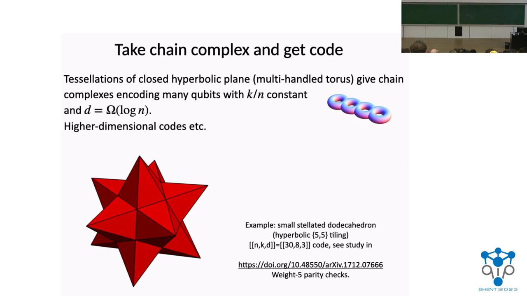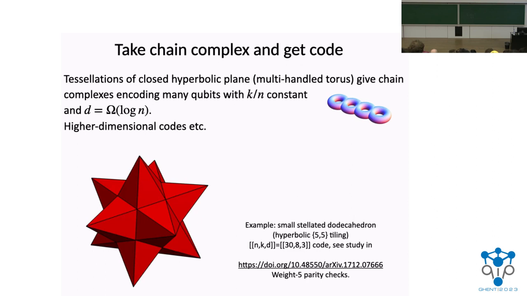If you look at this multi-handled torus, I could have a bilayer in which I slice this multi-handled donut, put the qubits on the top on one plane and the qubits on the bottom on another plane, and then still have some connections between these planes. But for the small case, you can have a very nice geometric picture.